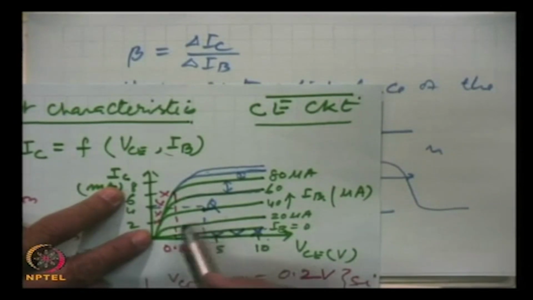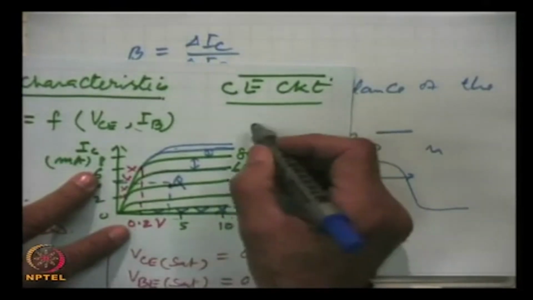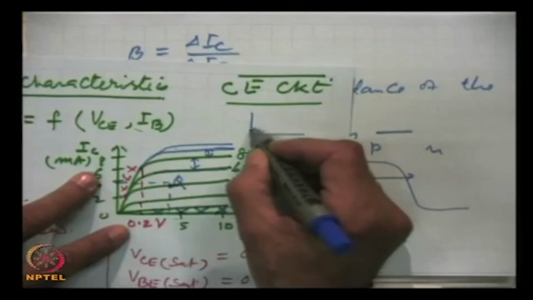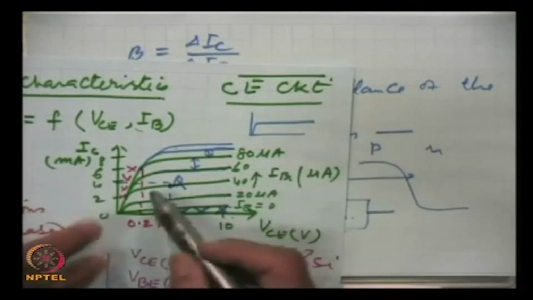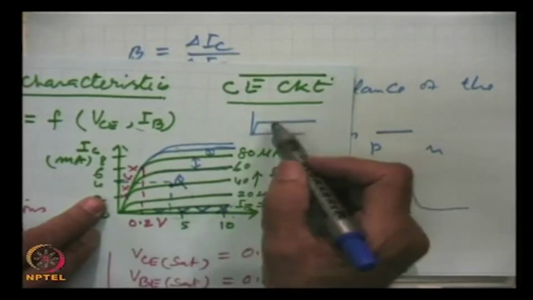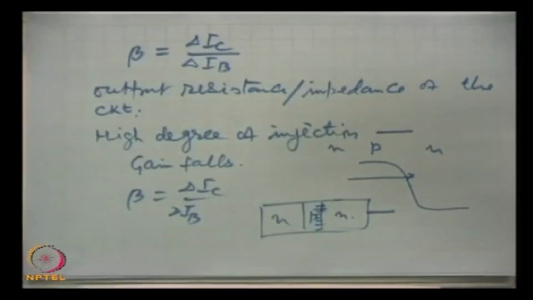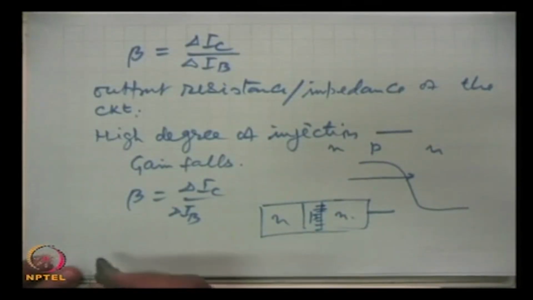That is why there is a slight rise in the current with voltage. Had it been totally independent, these curves would have been totally flat, but I have shown that there is some slope, and that is because of what we call base width modulation.